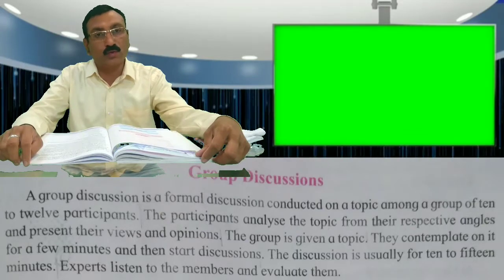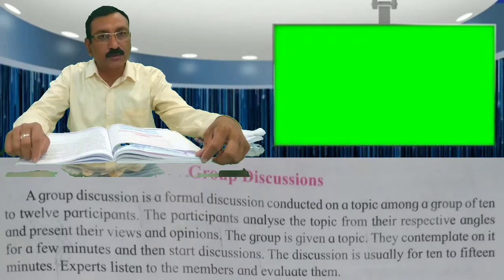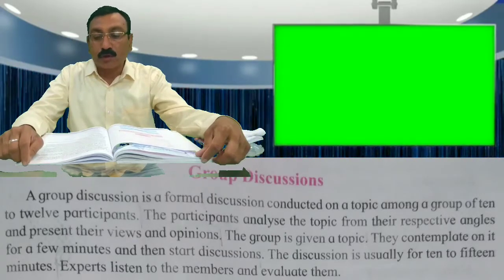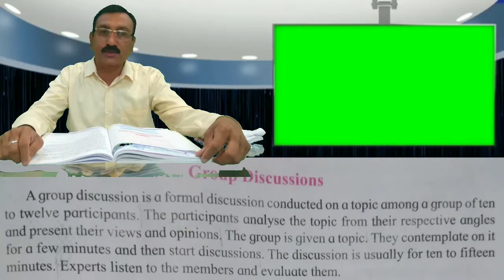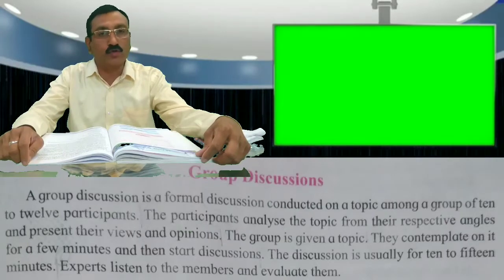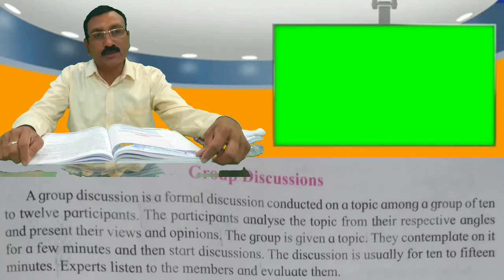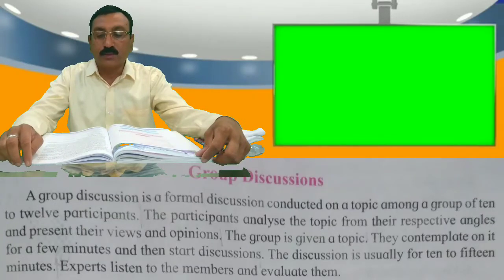Before the group discussion begins, the participants are given a particular topic. They contemplate on it for a few minutes and then start a discussion. When the topic is given, time is given to all the participants to think on the topic. The discussion is usually for 10 to 15 minutes.